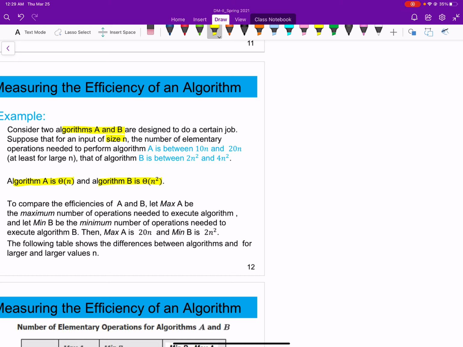That means you just have to bound the algorithm between these two numbers.